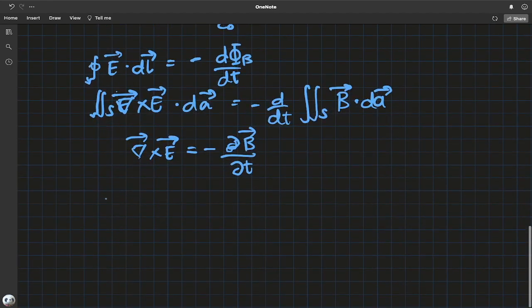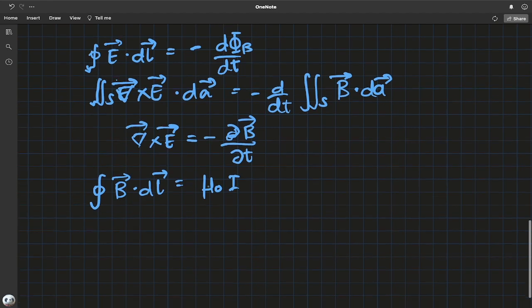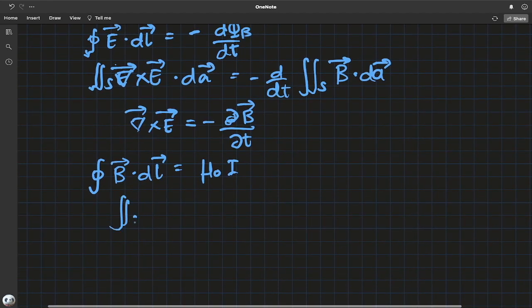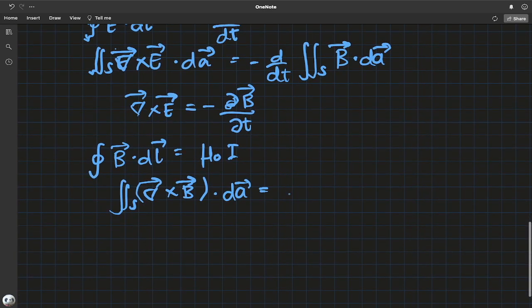We can again do this for Ampere's law. So you see how useful this is, especially in things like electricity and magnetism, or Maxwell's equations.